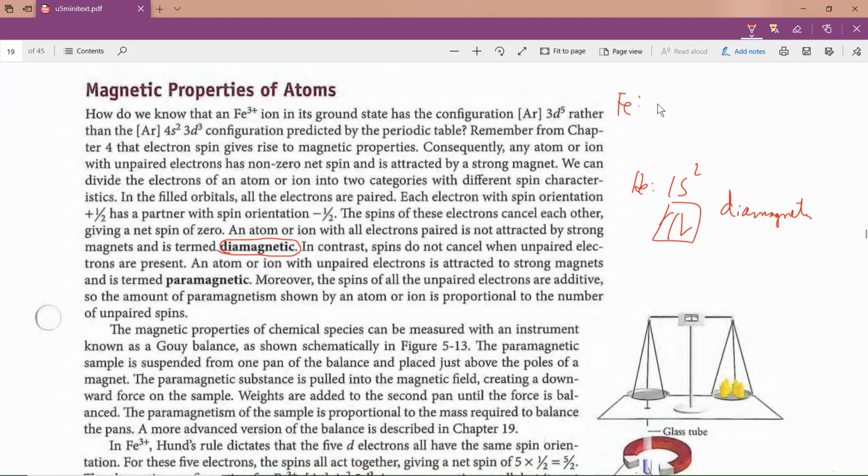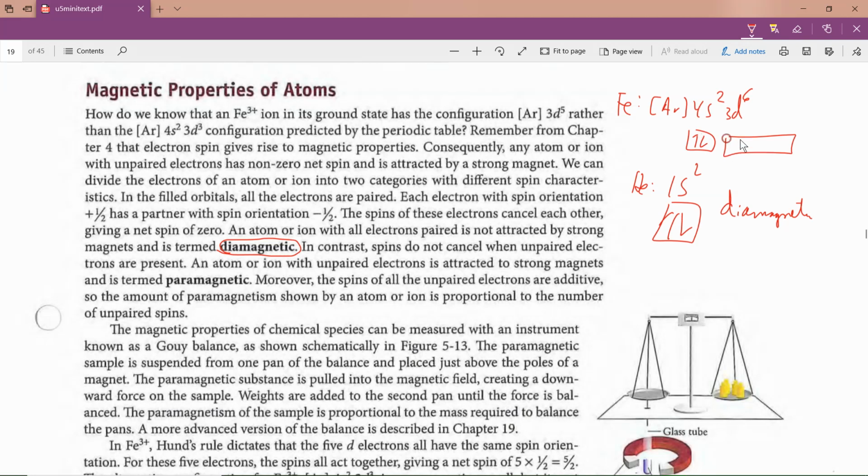Iron, we're going to have argon, and then we're going to have 4s2, 3d. Iron's 26, so 3d6, right? Because that's 8 and 18, so that is 26. So it's going to have 4s2, so that part's paired up.